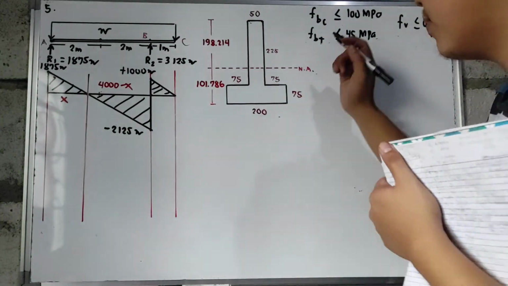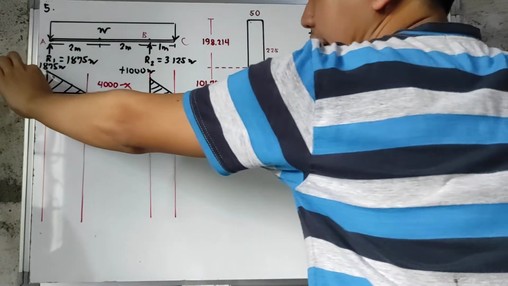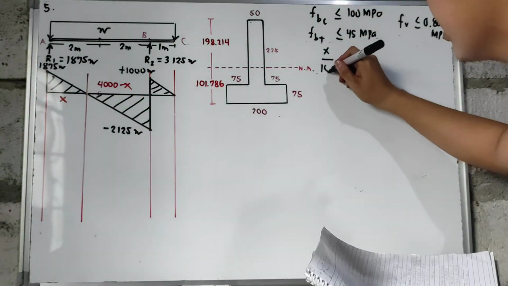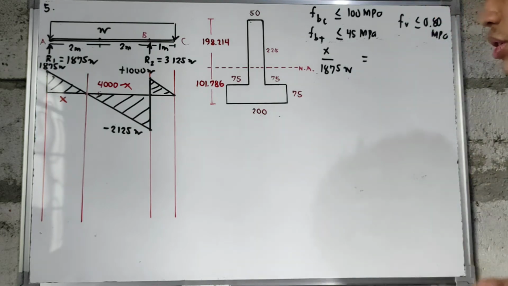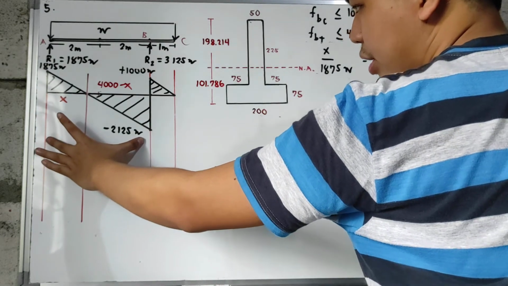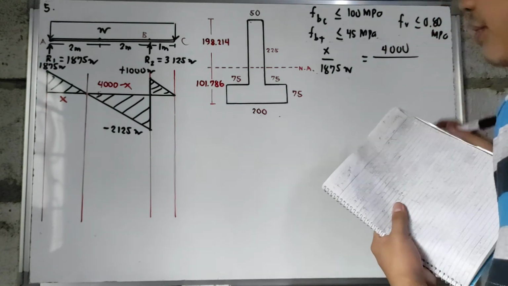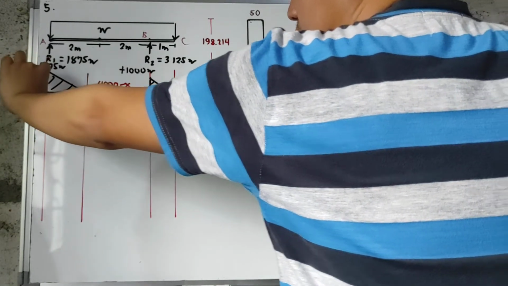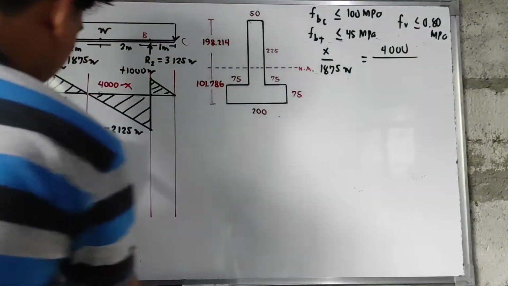So, we have the value of x over its height, 1,875W, is equal to the whole length, which is 4,000, over the height of the big triangle, since we consider this whole thing a triangle.